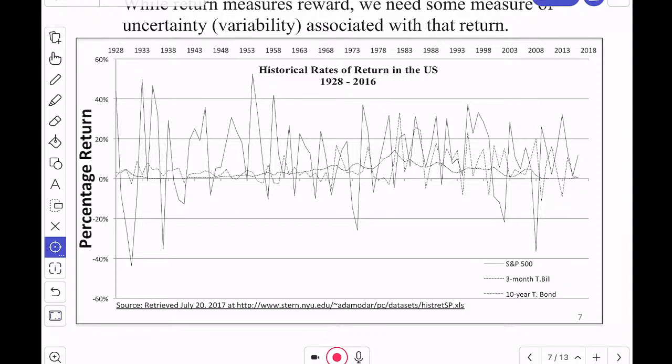So in the US, there are Treasury bonds that are considered relatively low risk, okay? Relatively low risk, as opposed to investing in the stock market as represented in the S&P 500 index, which is quite variable.